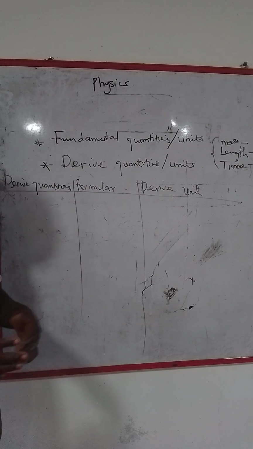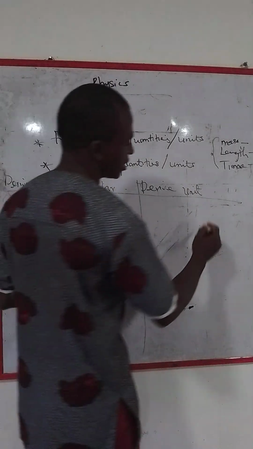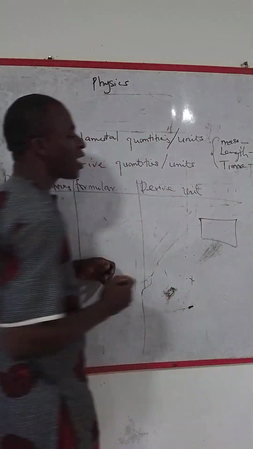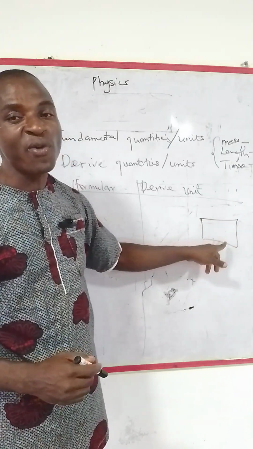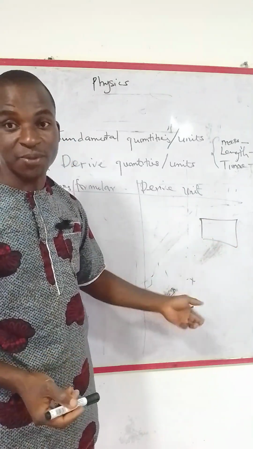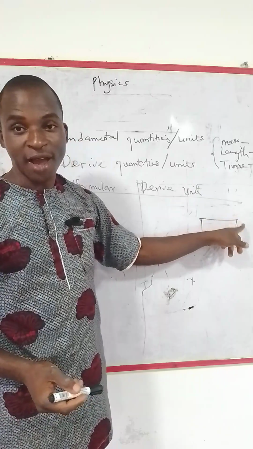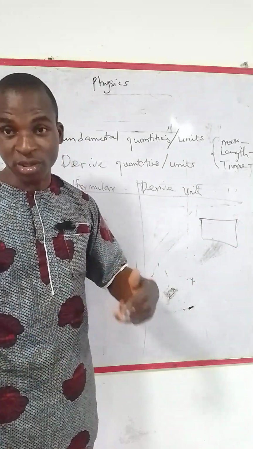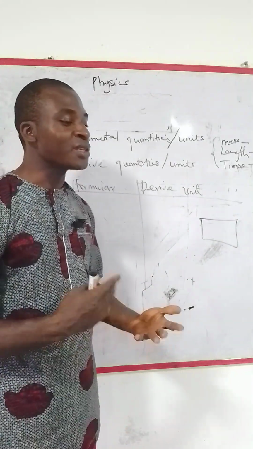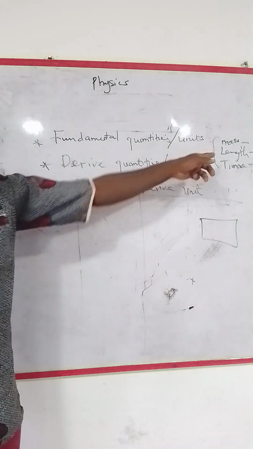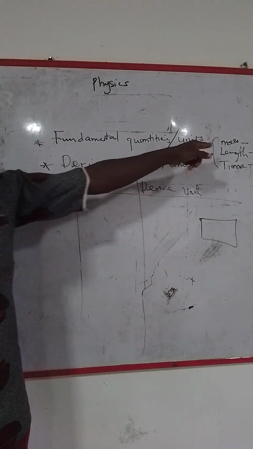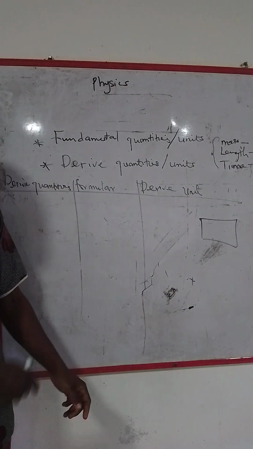So for example, if I'm dealing with a rectangle, I'm not going to regard this one as my length and here as my breadth. Every one of them is length, because I'm measuring from here to here, from one end to another. So that is why in physics, distance is also regarded as length. So we use the unit of length to derive distance.